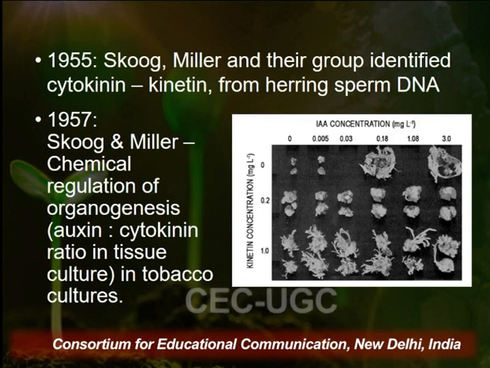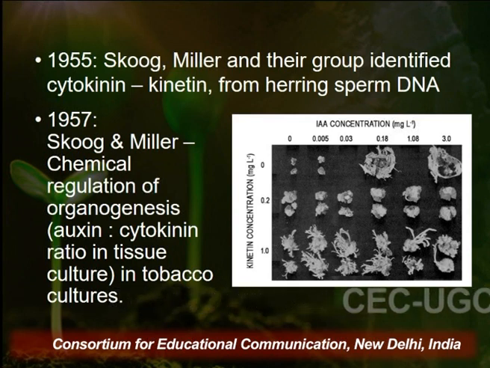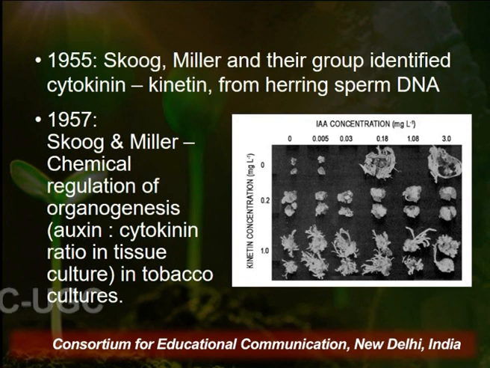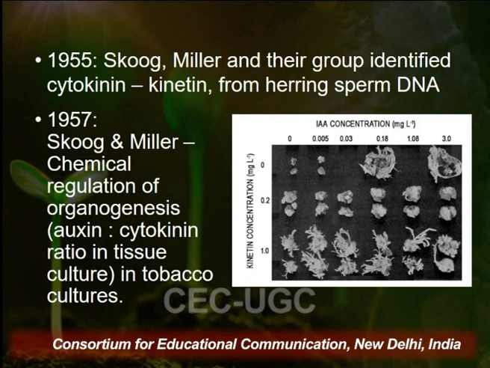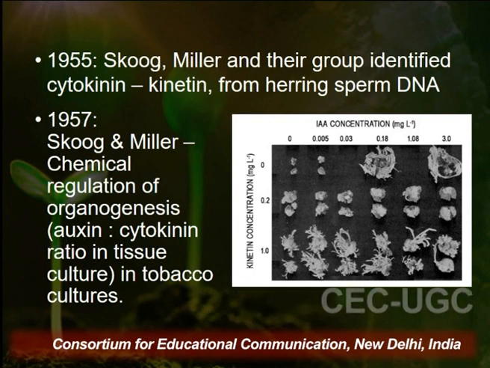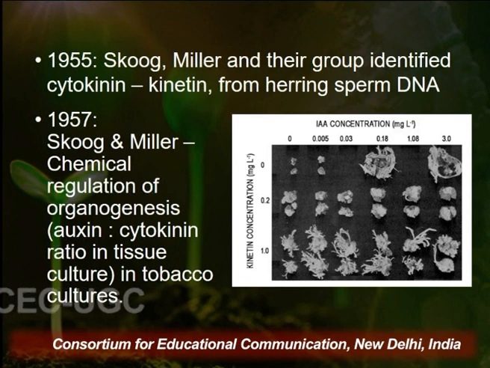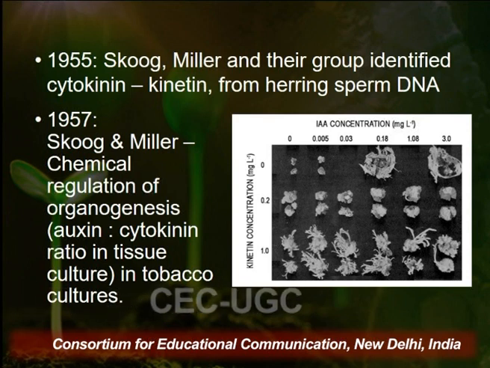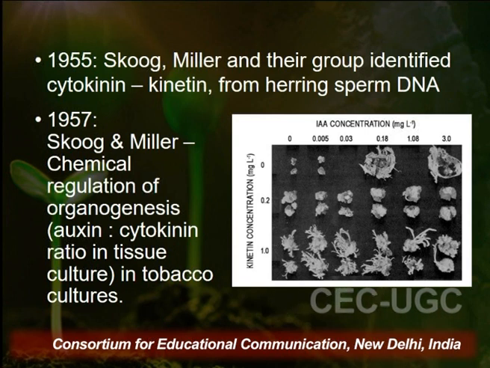It was not only the discovery of kinetin that made this growth regulator important, but in 1957 Skoog and Miller further proved that it's not the quantity of kinetin that can induce cell division, but the proper ratio of auxin and kinetin that can lead to the proper growth of a cell in a plant tissue culture. Therefore, they gave a concept of chemical regulation of organogenesis.